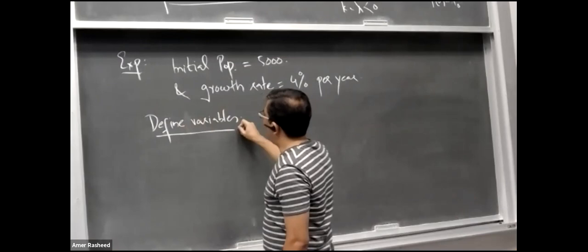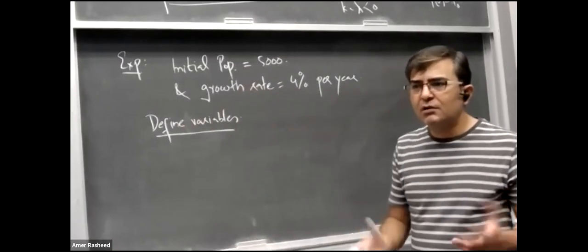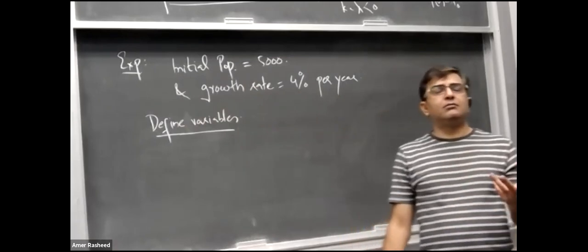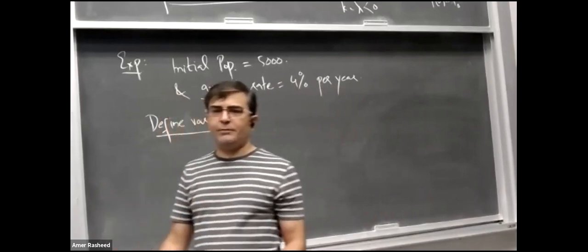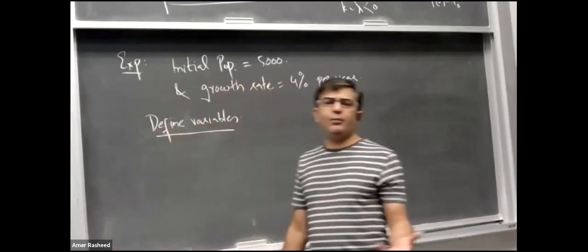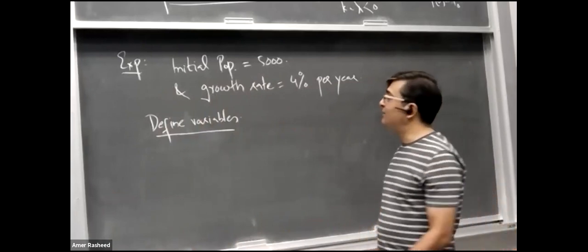Okay. Now it's a population. We know that we are going to model a population growth. Population growth involves time because it grows with the passage of time, and we need a variable to describe the population as well.